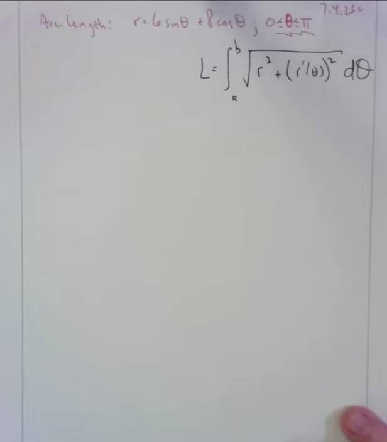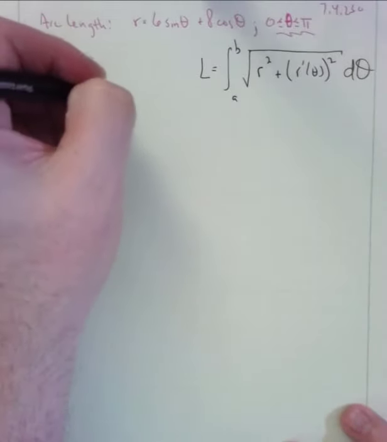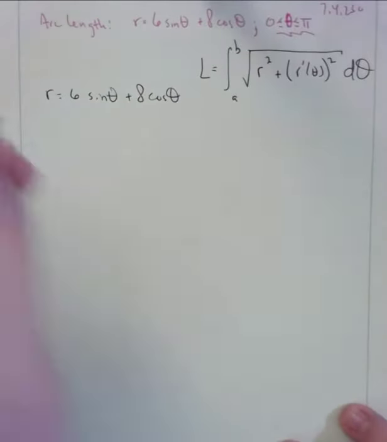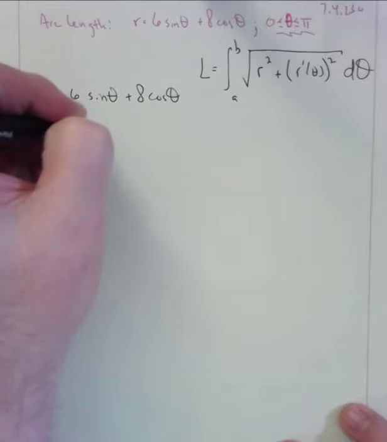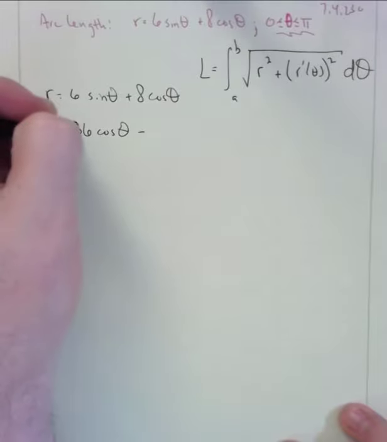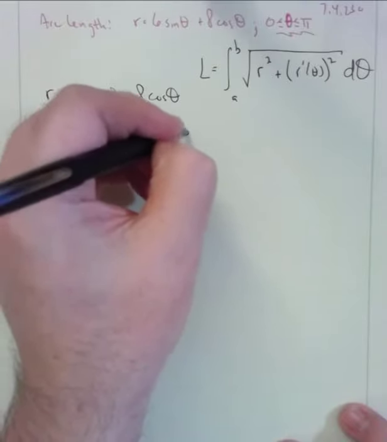So here's r. r equals 6 sine theta plus 8 cosine theta, right? And then r prime is, no, I'm not squaring it yet, I'm getting ahead of myself, 6 cosine theta minus 8 sine theta.